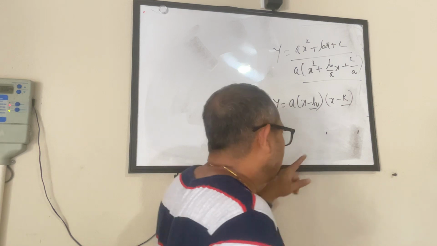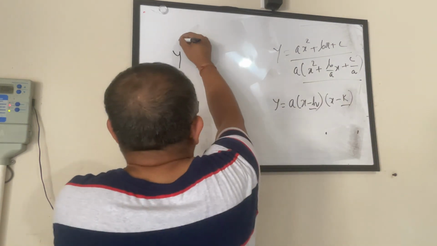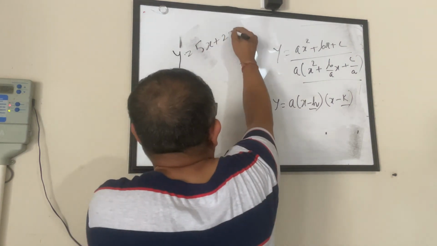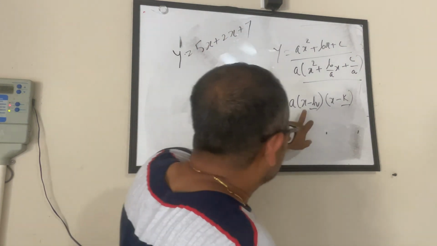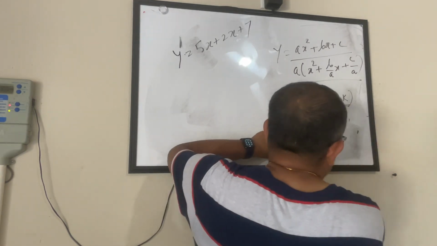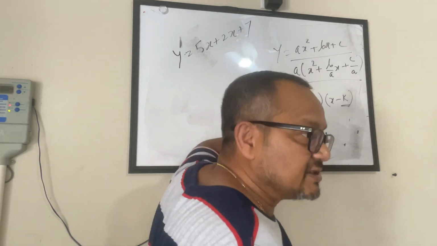Now, relate this one. We were looking at this equation, y equals 5x squared plus 2x plus 7, whatever. Here, h and k are nothing but the 2 points where it is crossing the x-axis.